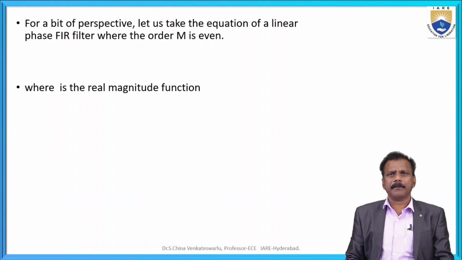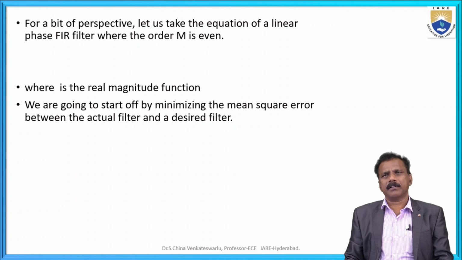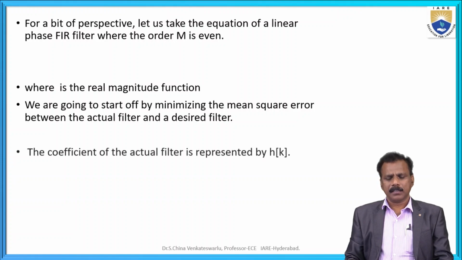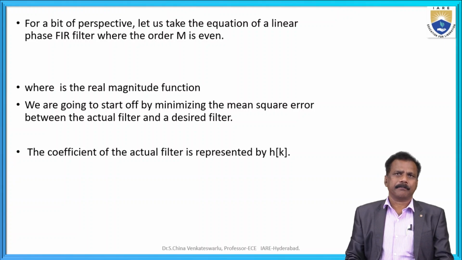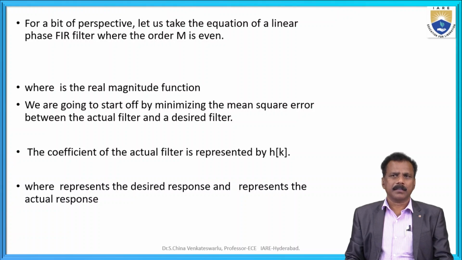After that, we are going to start off by minimizing the mean square error between the actual filter and the desired filter. So with this, the coefficient of the actual filter is represented by h of k, where H_d represents the desired response and H represents the actual response.